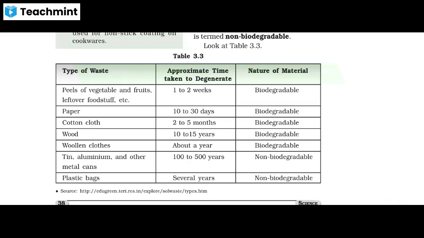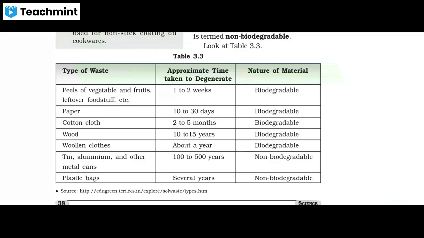The peels of vegetables and fruits and leftover foodstuffs take a maximum of 1 to 2 weeks, and are biodegradable waste.